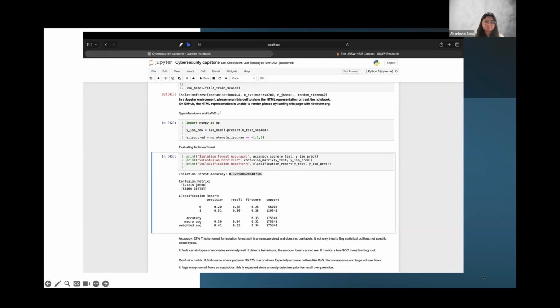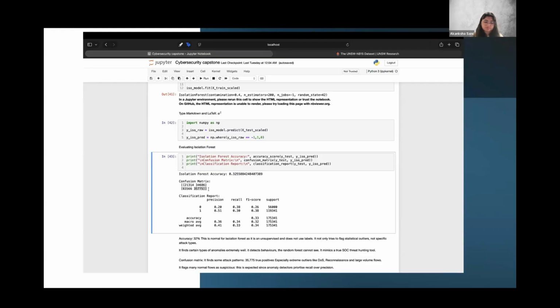Here in the confusion matrix, you see that it successfully flagged 35,775 attack flows as anomalies. This represents the unknown of unknowns, the behavior that is so unusual it warrants investigation, even if it does not match a known signature. It acts as a threat hunting companion to the supervised model.